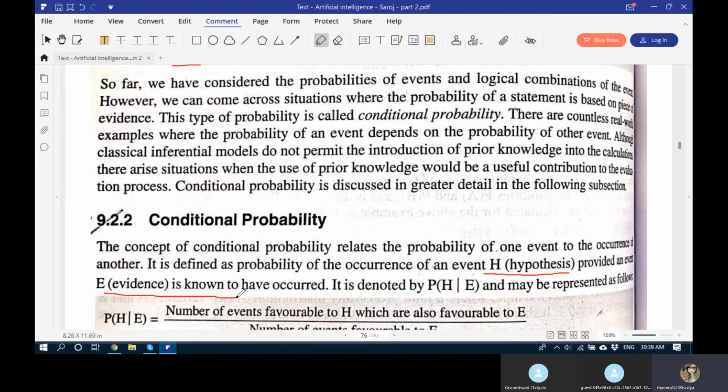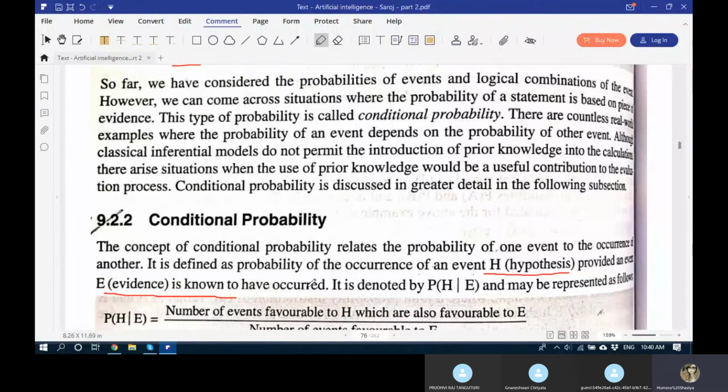If evidence E occurs before, then you can conclude that there is a probability of occurrence of event H, which is hypothesis. If evidence occurs, then hypothesis occurs.